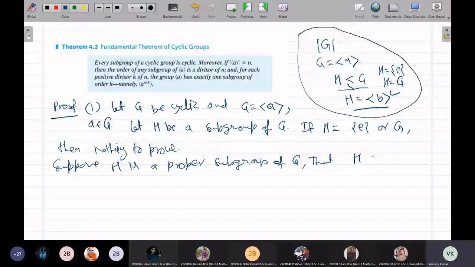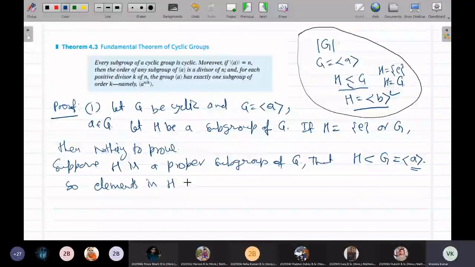H is a subgroup of G, and this G is generated by A. Okay, so elements of H will be of the form A to the power something, because H is a subgroup of G. So elements in H are of the form A raised to power T, where T belongs to the set of integers.